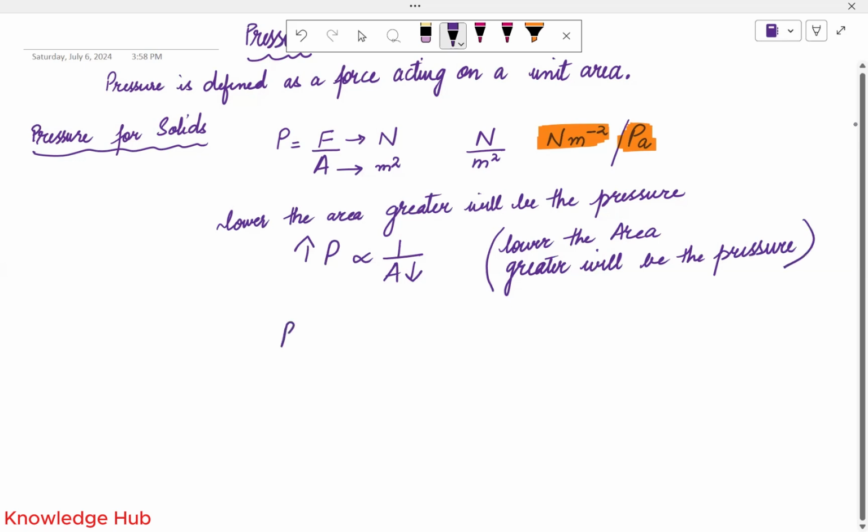And we know that pressure and force are directly proportional to each other because they are on the same way. So that means greater the force, greater will be the pressure.